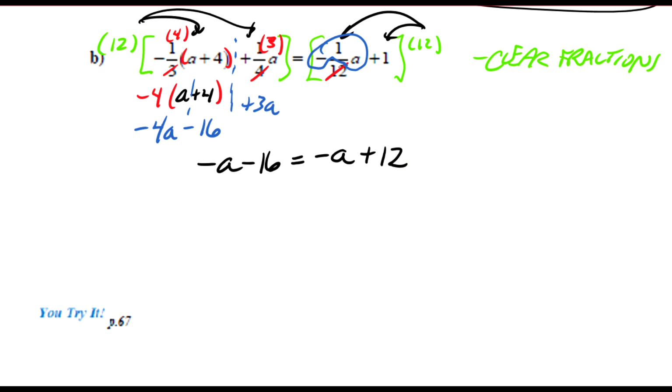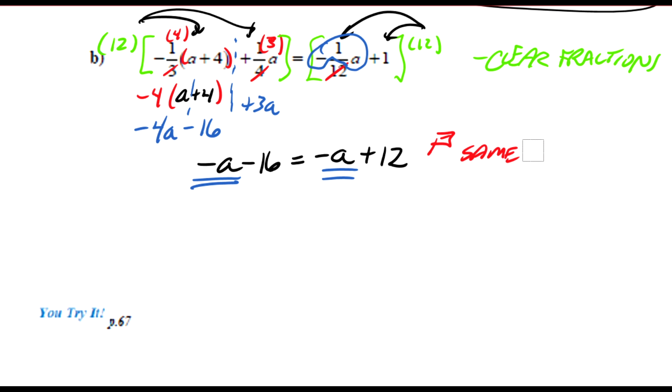Now here, if you look at this one, I don't have the exact same expressions. But if you look, each side, right, we have the same variable.